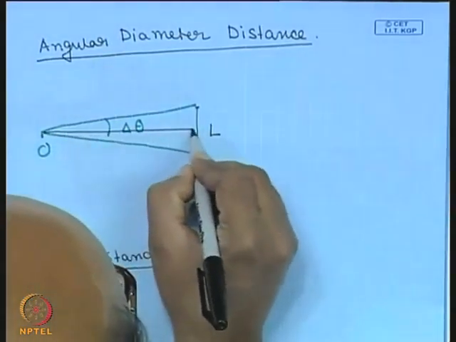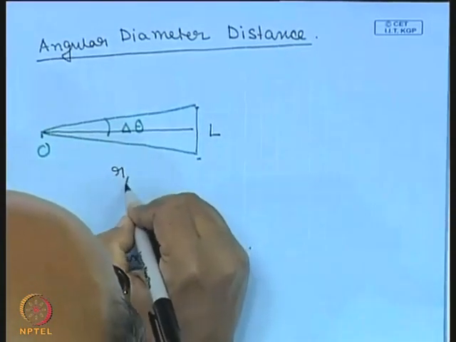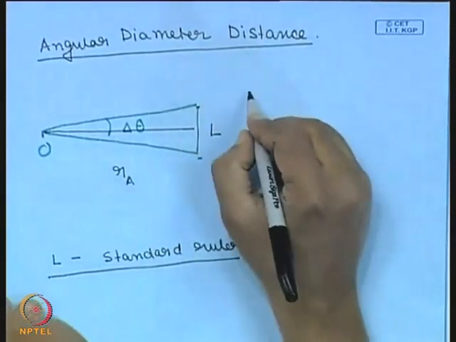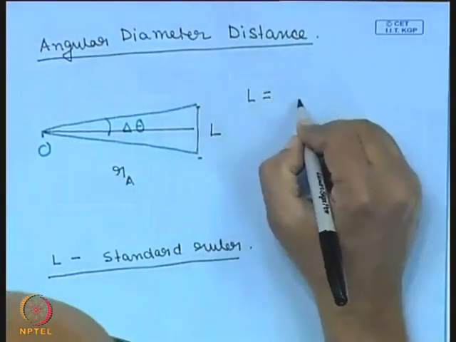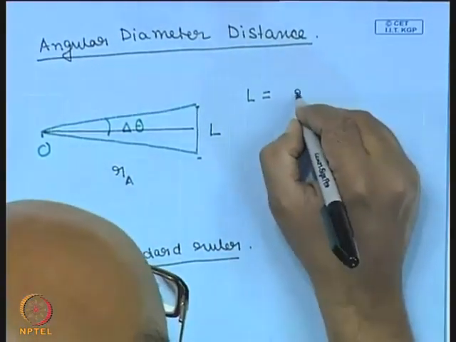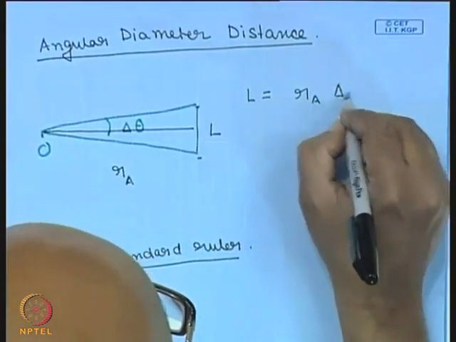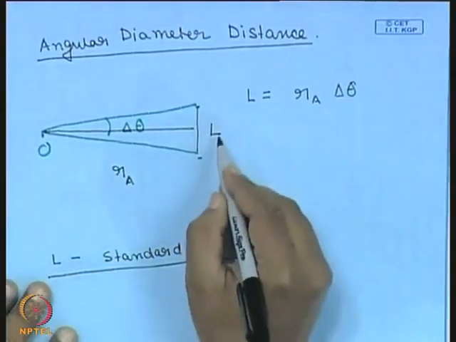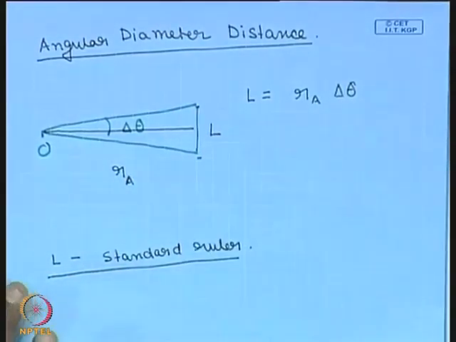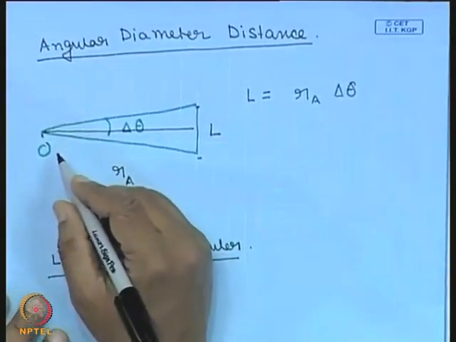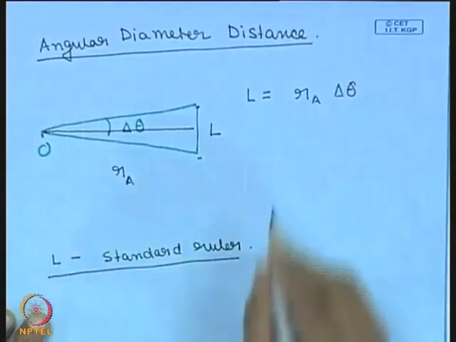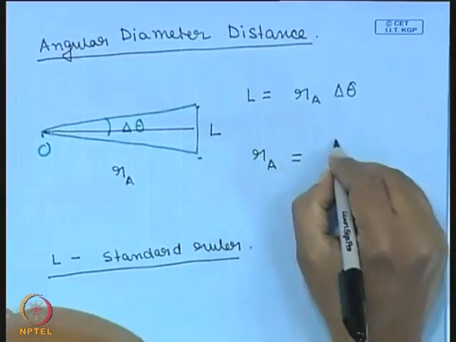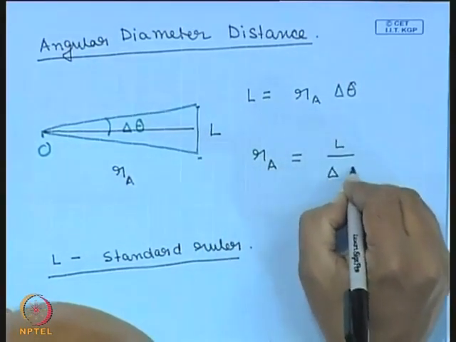So the length L will be R_A, the angular diameter distance, times delta theta. So if you know the proper size of the galaxy, and you can measure the angle it subtends on the sky, you can then determine the angular diameter distance to that object: L divided by delta theta.